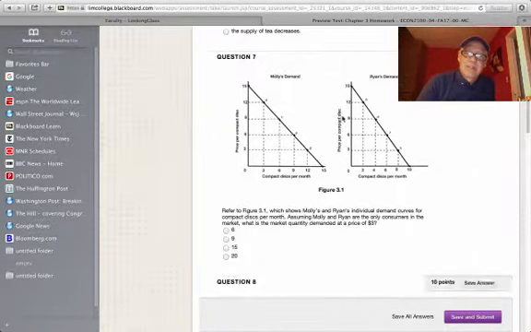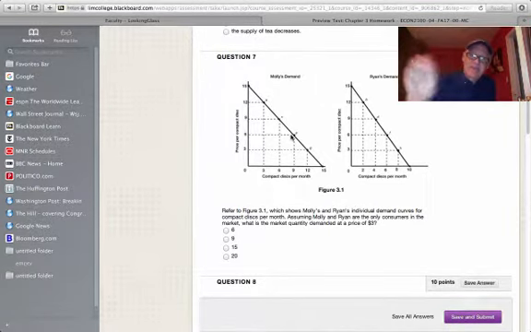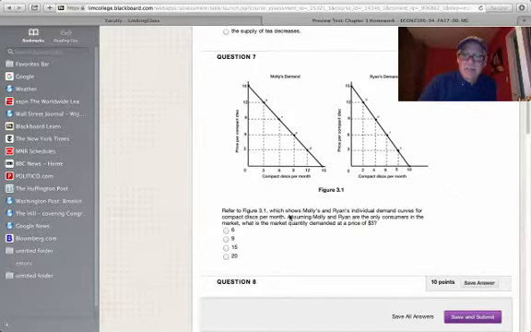Fine. Question 7. Who do we got? We got Molly here. We got Ryan. Again, remember the other day I was showing all the scattered points on the demand curve going down, because when you put a lot of people together, it puts a lot of points on the line, and you basically do the best fit. But here, Molly and Ryan are the individual demand curves for compact discs per month. Assuming Molly and Ryan are the only consumers in this market, what's the market quantity demanded for a price of 3?